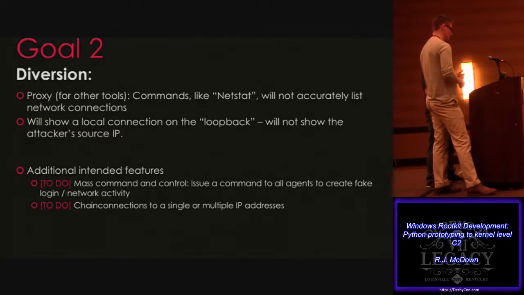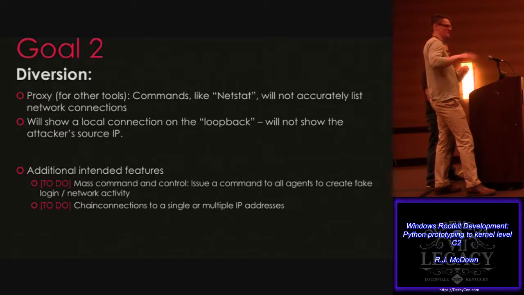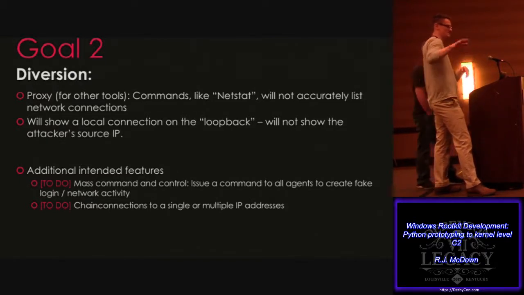And additionally, what we'd like to do is try to chain agents together. It's a to-do, so that essentially you could issue a command and it'd go through a series of agents to get to where it needed to be, and what you could end up doing is creating a bunch of chaos essentially as the agents work together.